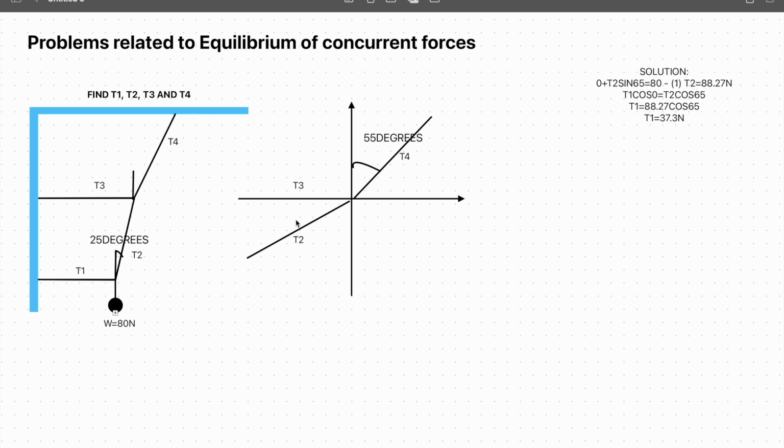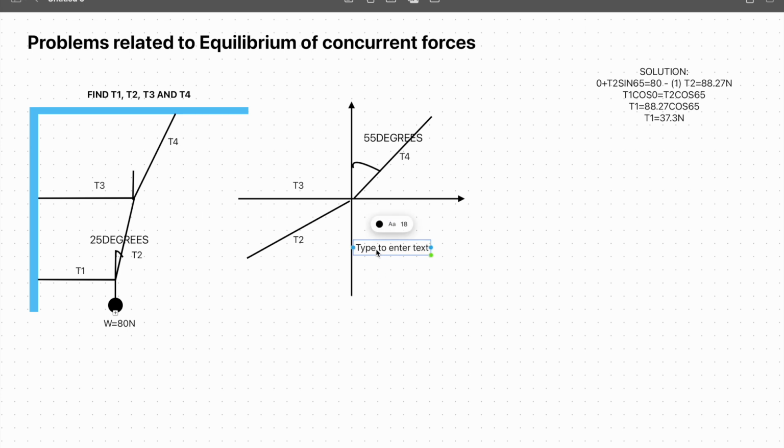We have T2 right here, so we can divide it into components. About T4, we can figure it out very easily by dividing into the perpendicular components, the components along the y-axis.